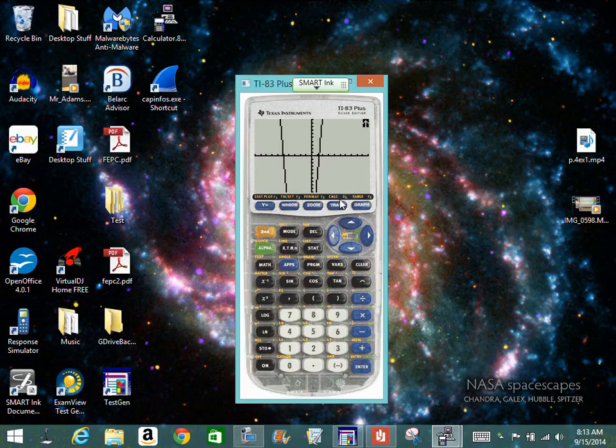So let's come in here and calculate the second zero. Second, calculate, zero. And now I'm going to come all the way back around until I get just a little bit to the left of the second x-intercept. There I am.